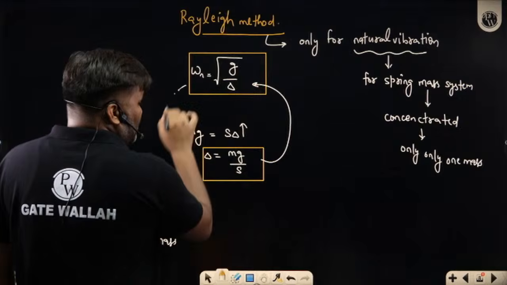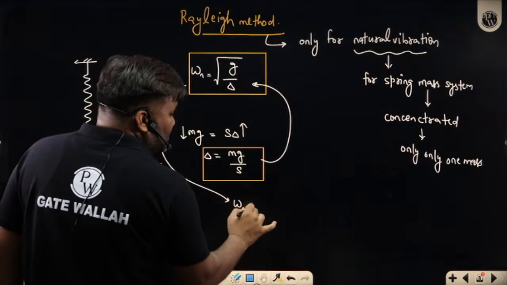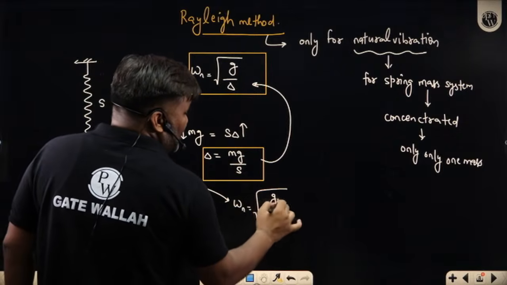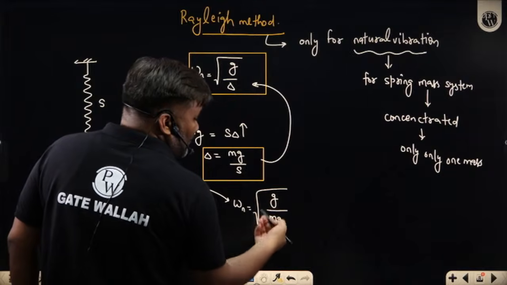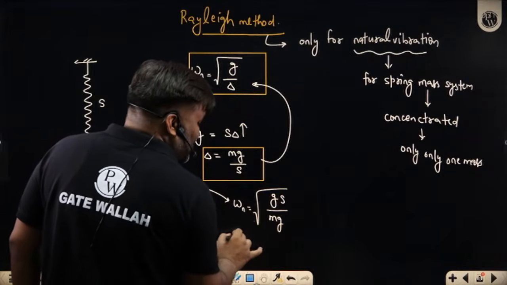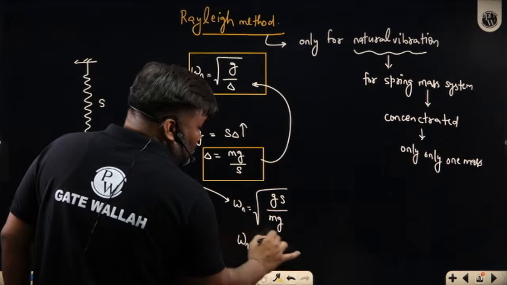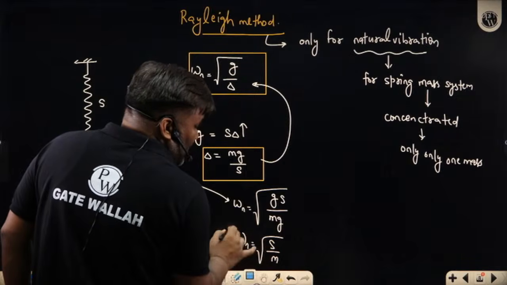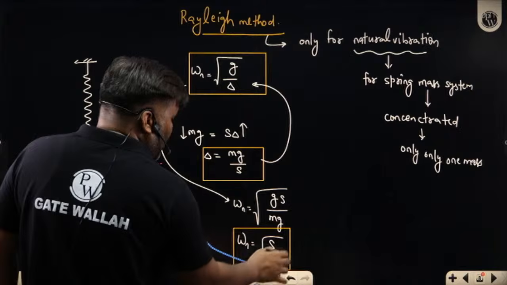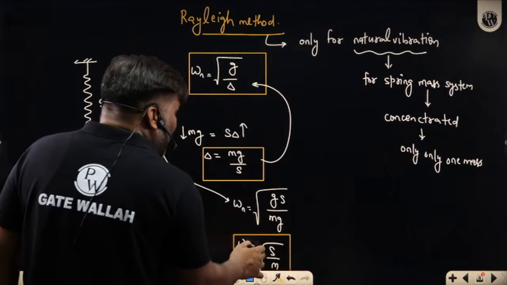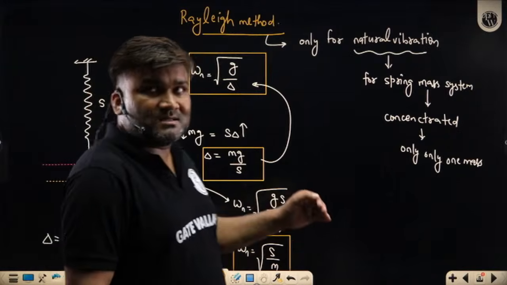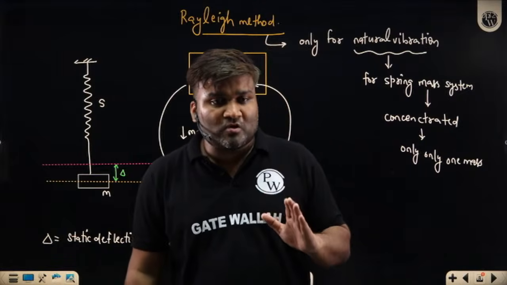Can I get what your omega is? Omega n is under root g divided by delta, and delta's value is mg by S. S goes up, g gets cancelled. So omega n I have got is under root S by m. So ultimately I am getting the same formula. Obviously the formula is going to be the same. I was just showing you that this is also a method to solve the question.